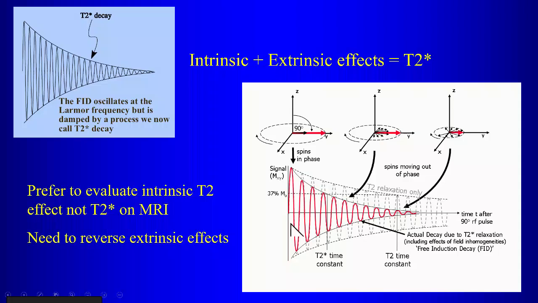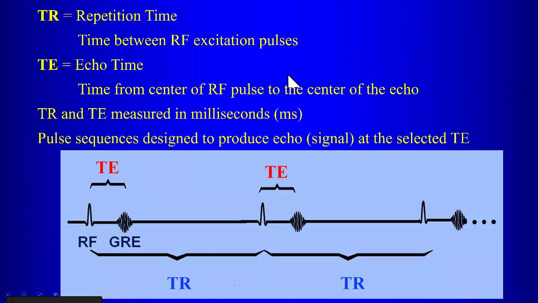Whereas if you're combining both the intrinsic and extrinsic effects, that signal decays much faster. But we want to look at the T2 relaxation only determined by the intrinsic effect, and not this, which is both the intrinsic and the extrinsic effects. So let's go through some definitions first.